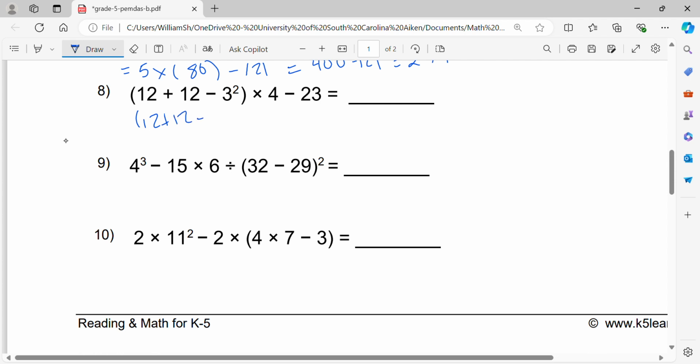So we're going to do 12 plus 12 minus 3 squared is 9, times 4 minus 23. 12 plus 12 is 24. 24 minus 9 is 15. So I have 15 times 4 minus 23. Now 15 times 4 is 60. 60 minus 23 is 37.